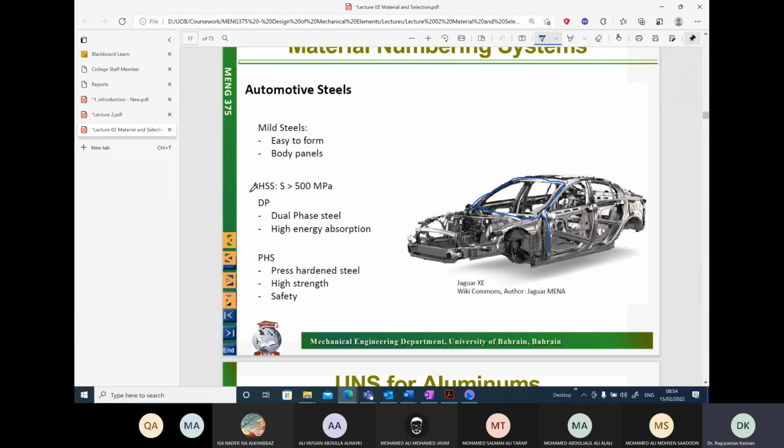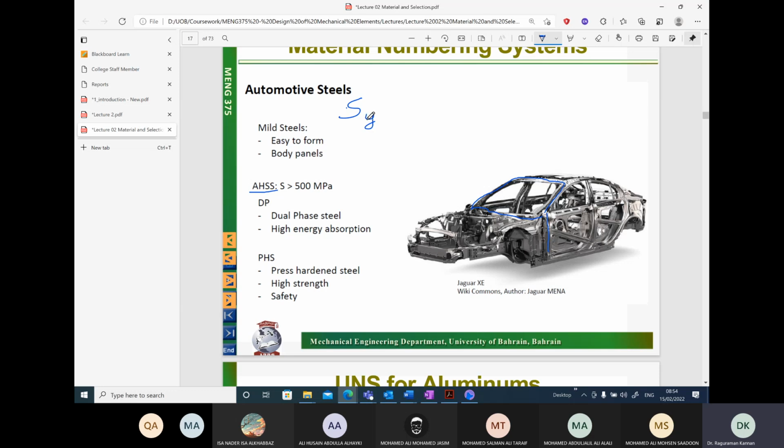These kind of high strength steels are called AHSS, advanced high strength steel. Usually the yield strength of these materials is greater than 500 megapascal. Now, what is the usual yield strength of steel? If you take low carbon steel or medium carbon steel, we usually refer to material properties with the letter S and a subscript.